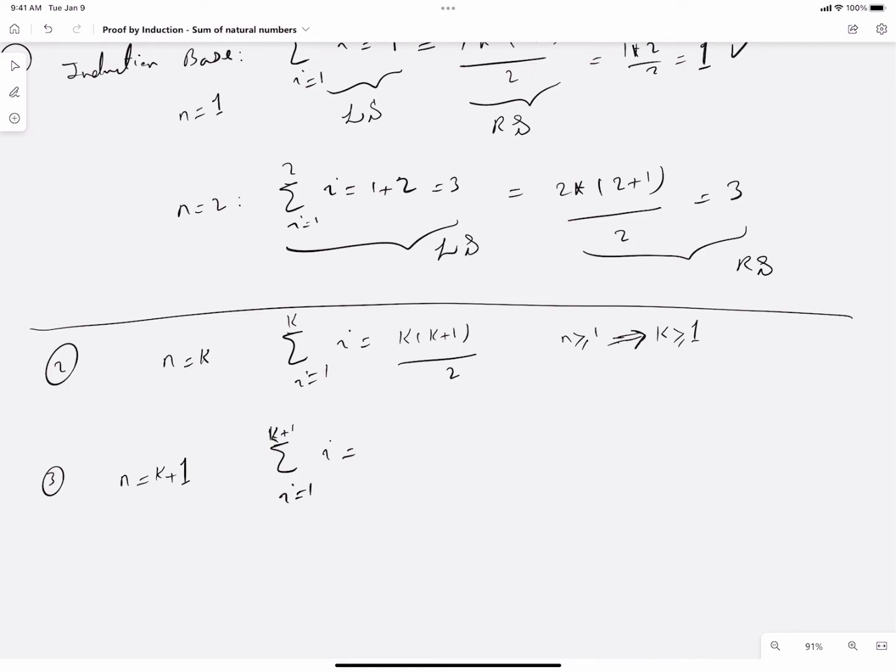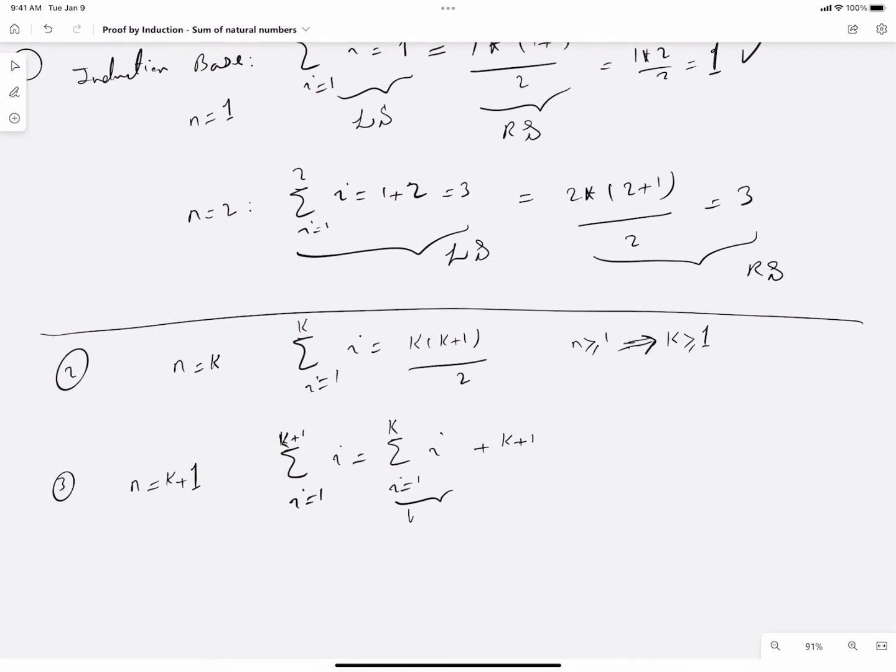We know that it is equal to the sigma of i equals 1 up to k of i, plus k plus 1. Here it might be a little confusing how I can write it this way. Remember, this is 1 plus 2 plus 3 up to k, and here I have plus k plus 1.